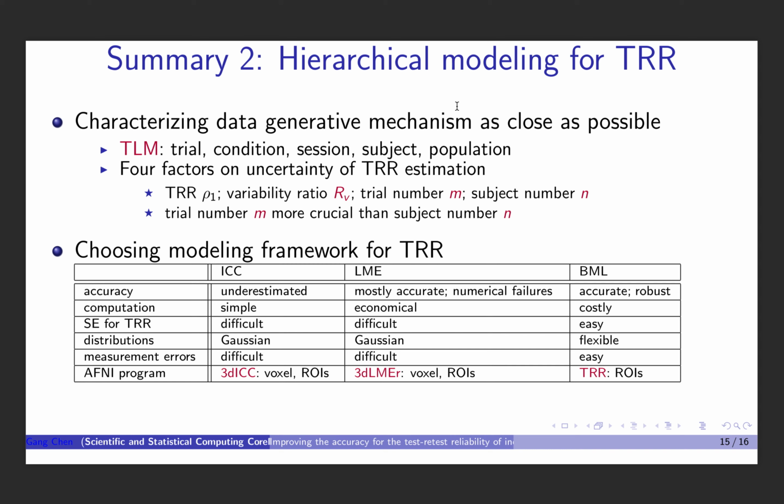The linear mixed effects modeling framework is computationally feasible, but the problem is we usually encounter numerical failures due to pathological issues. So it's better to adopt the Bayesian framework. We get a better estimate and robust numerical solvers. But the big hurdle is that currently we can't do that at the voxel level because of the computational cost.